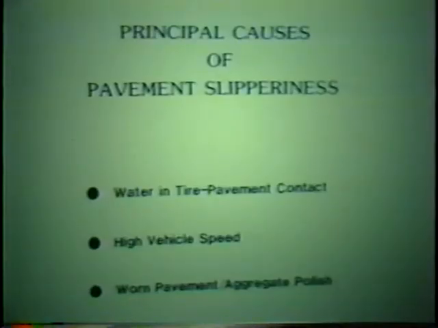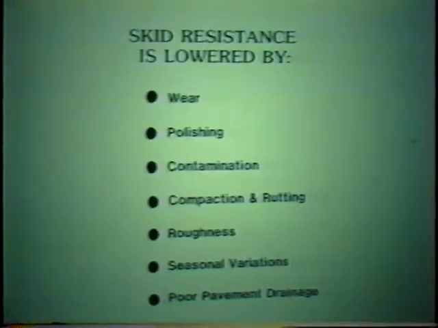Three factors increase the possibility of skidding: water on the pavement, high vehicle speeds, and finally, polished aggregate. Polished aggregate is the single most important pavement contributor to slipperiness. These are also factors which lower pavement skid resistance.